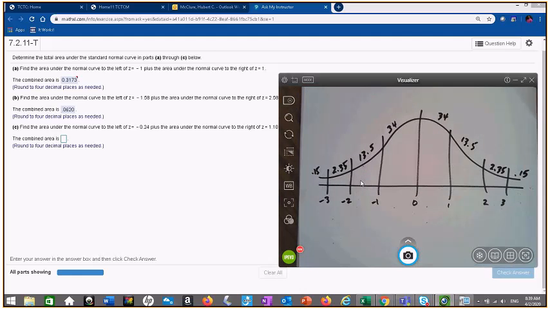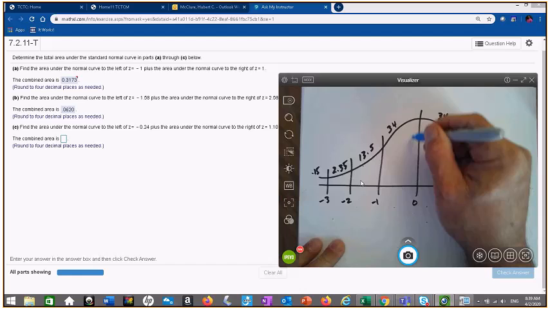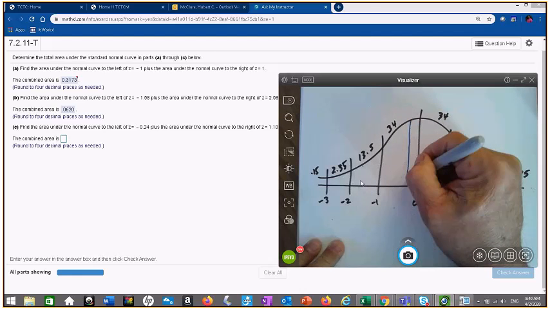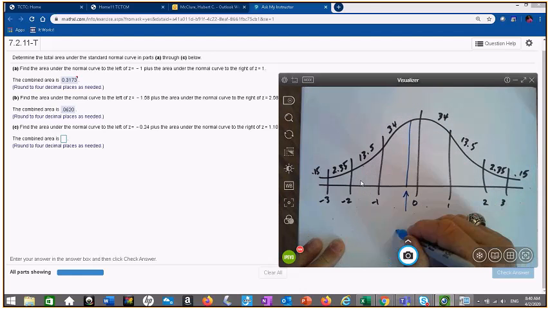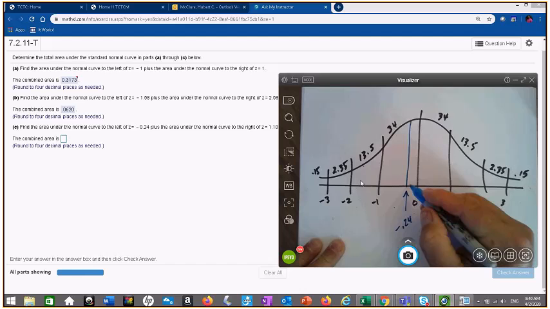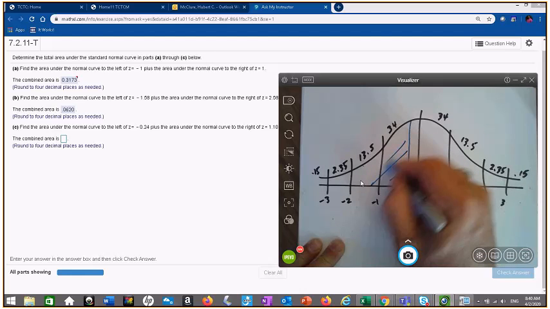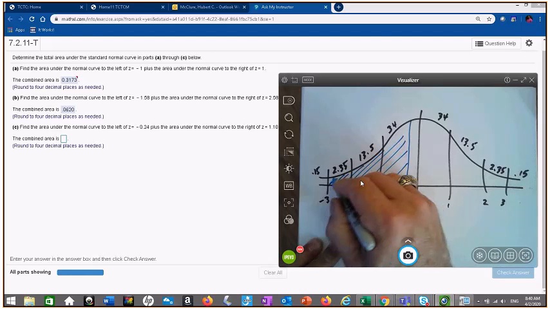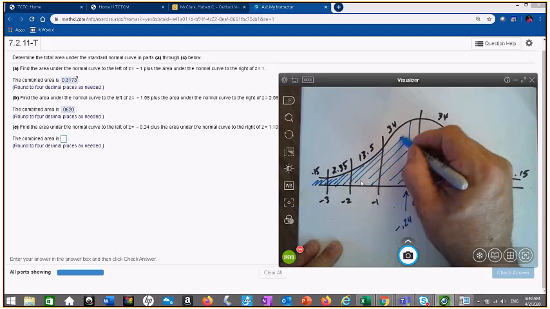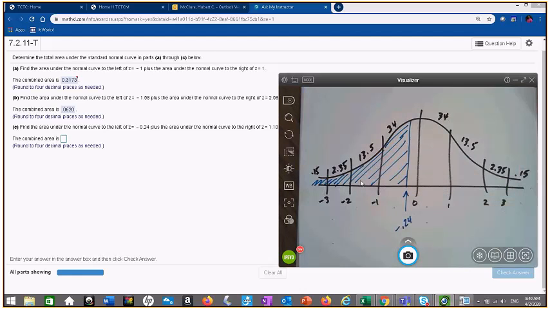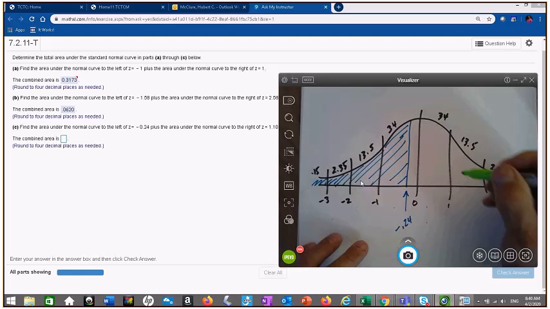Now it says to the left of -0.24, and to the right of 1.10. To the right of 1.10.